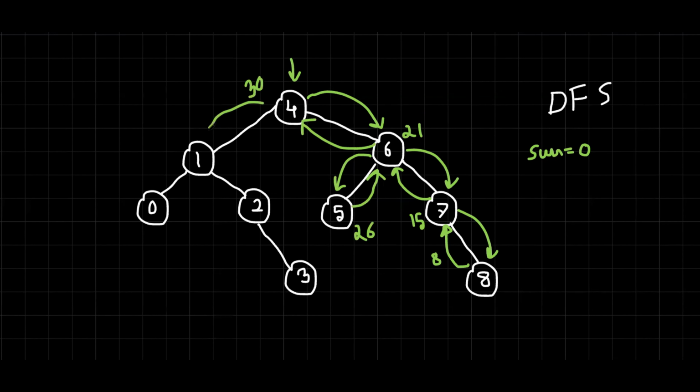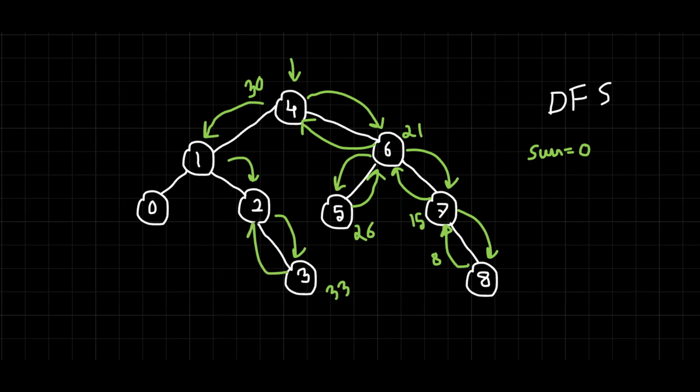Similarly, from 4, we will get back to 1, and from 1, we will get back to 2, from 2, we will get back to 3. And this 3 will become 30 plus 3, 33. Where this 30 represents basically the summation of all of the nodes greater than 3.